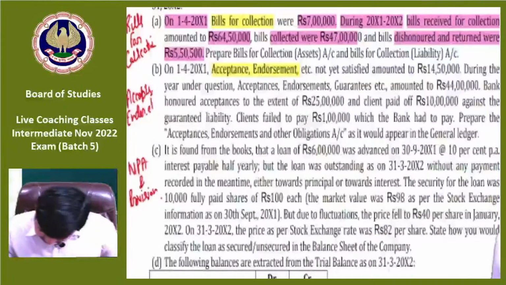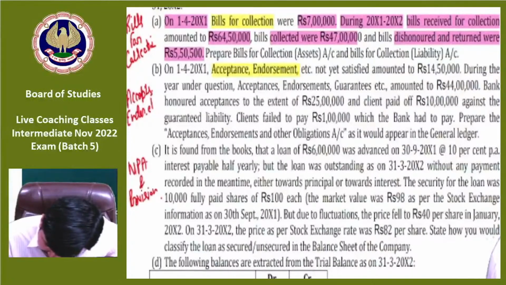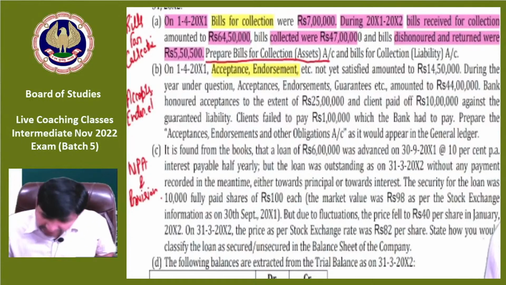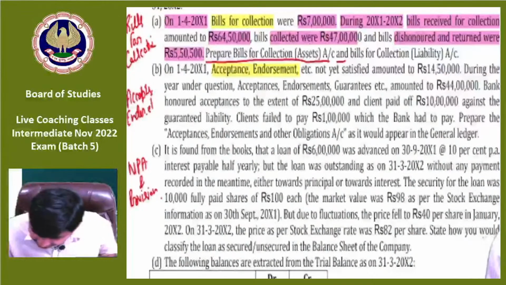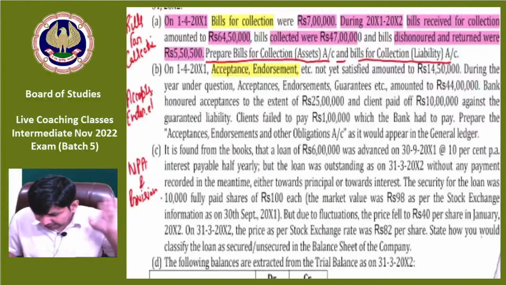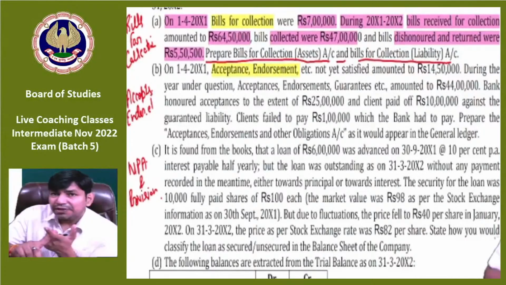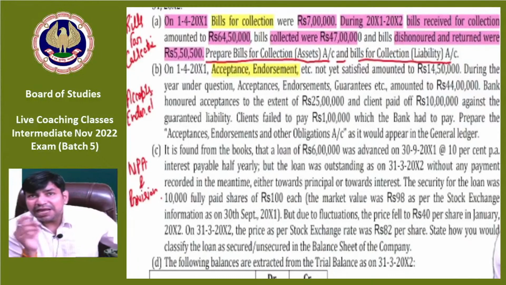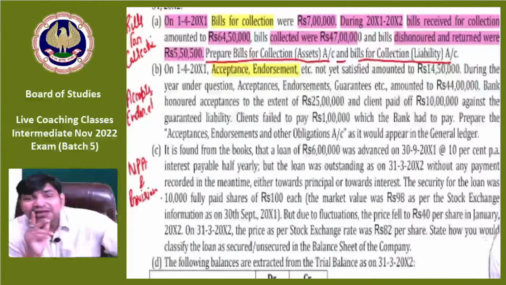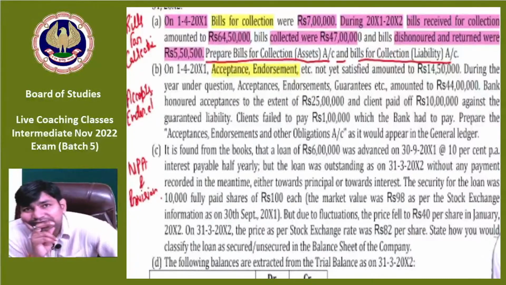Very, very good. Now, the question is saying prepare bills for collection assets account and bills for collection liability account. Keep in mind, we have to check what the examiner is asking. Sometimes the examiner asks only one account, bills for collection assets account.